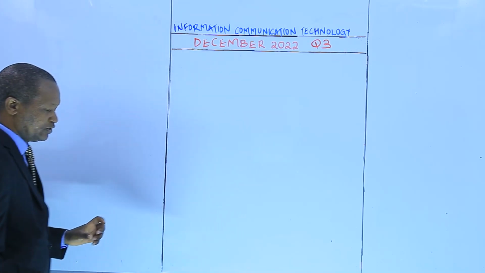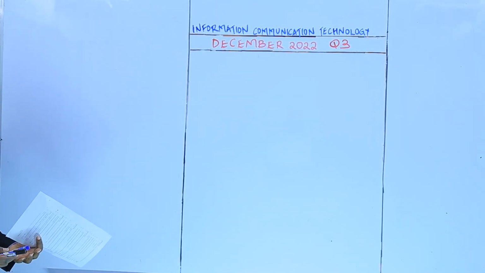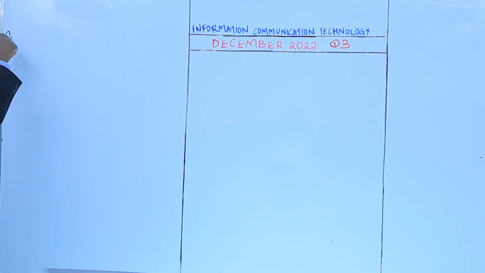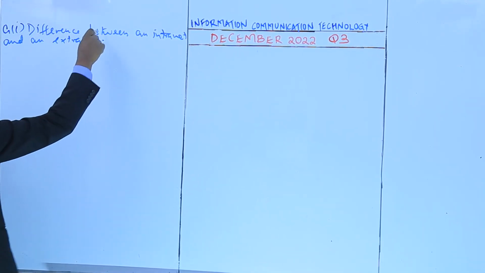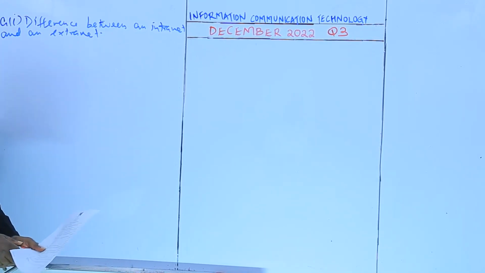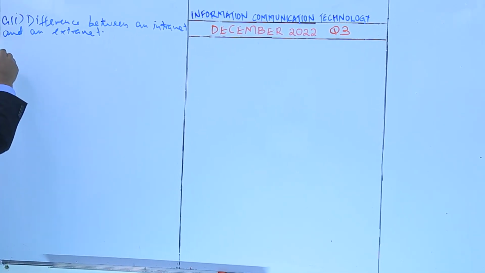So let's just put it down. Distinction between an intranet and an extranet. Intranet, inside. An intranet is a private network, I've said.